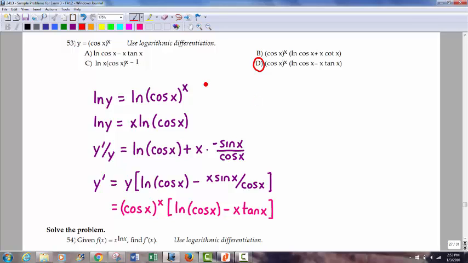Now, let's see if I can not make it look too bad and add a step here. I wouldn't care if you actually wrote this step or not, because I would know what you did. But technically, I'm doing a d/dx to this, basically. I'm differentiating the whole thing with respect to x.